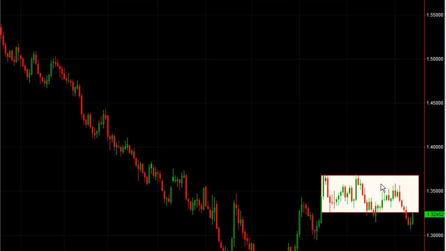A rectangle in a downtrend is normally considered to be a downward continuation pattern, and the way you trade that or a head and shoulder pattern with a left shoulder, head and right shoulder is that you wait for the neckline to break, and that would give us a short position or a short entry, but we'd wait for the price to retest the neckline.